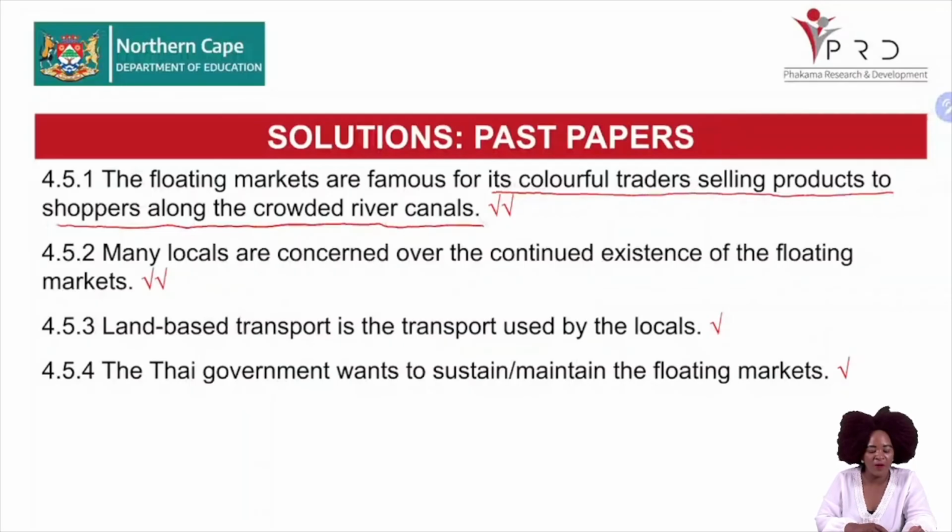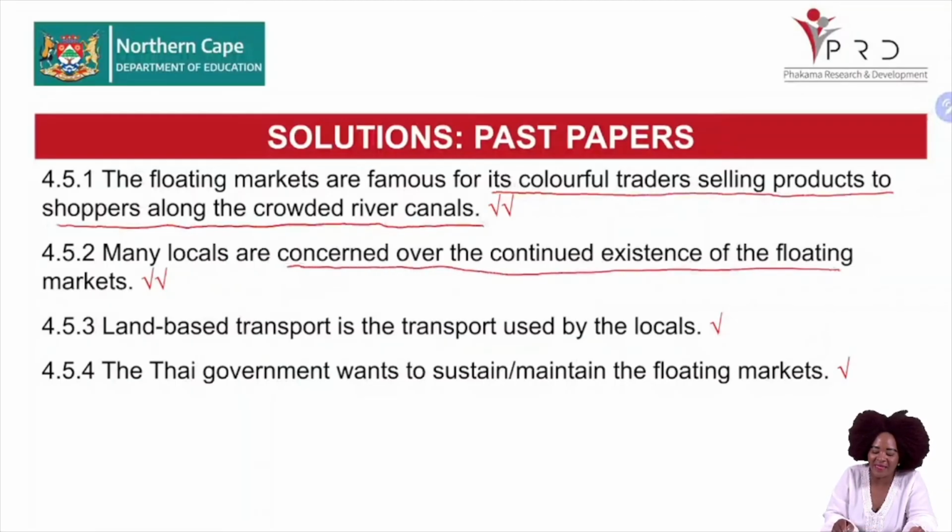Then 4.5.2, what is it that the locals are concerned about? That was the question. Many locals are concerned over the continued existence of the floating markets. That was the concern of the locals. So I want to believe that you got that one correct again.